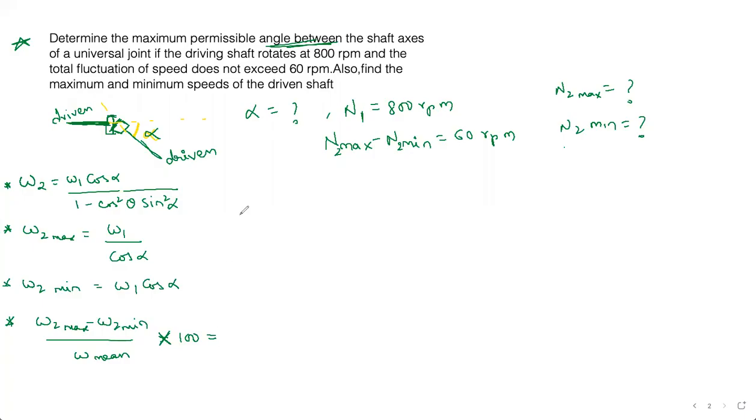Just remember this formula, it's more than enough. This is the percentage fluctuation of speed with respect to mean position. So this is another formula which you should remember.